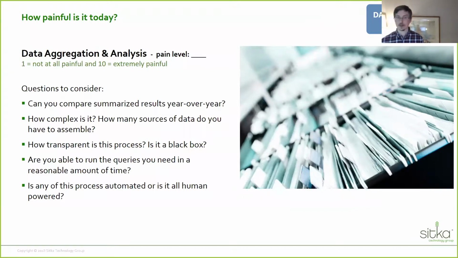Or does the data aggregation not work well or very consistently year over year? Another one is how transparent is the process to aggregate and analyze data? Or is it a black box and you don't really understand how it's all being pulled together because the system was written 10 years ago and nobody's around who understands it anymore? It's quite often a situation we see. So there's some other questions here you can think about to assign yourself a score.